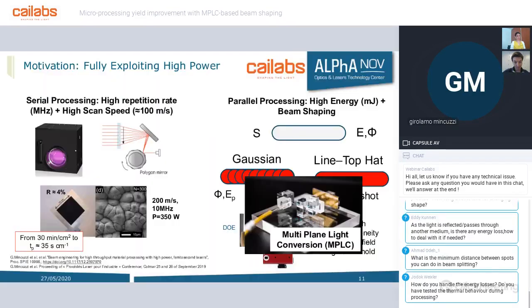Here, in our case, we want to see the potential of multi-plane light conversion technology in generating a line, the same that Gwen described before, 600 microns by 30 microns, and we want to apply this profile for laser texturing.